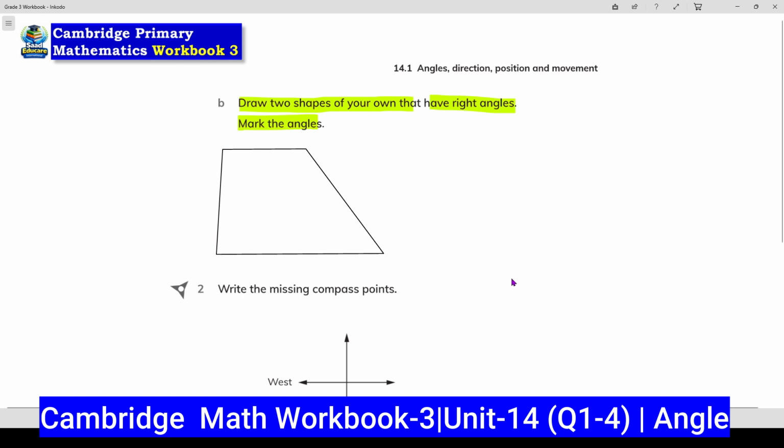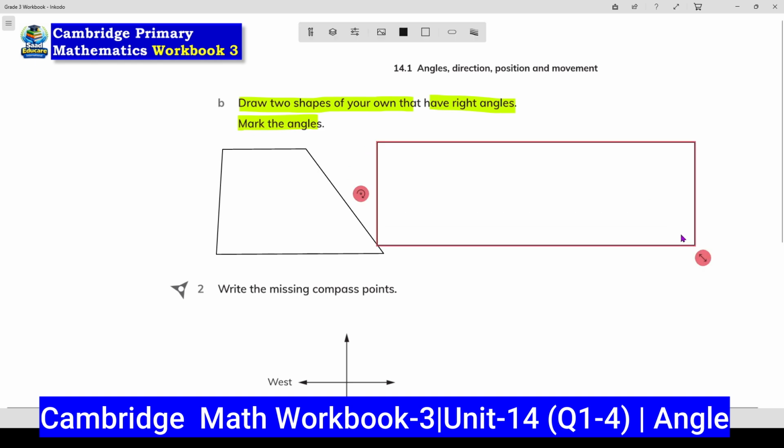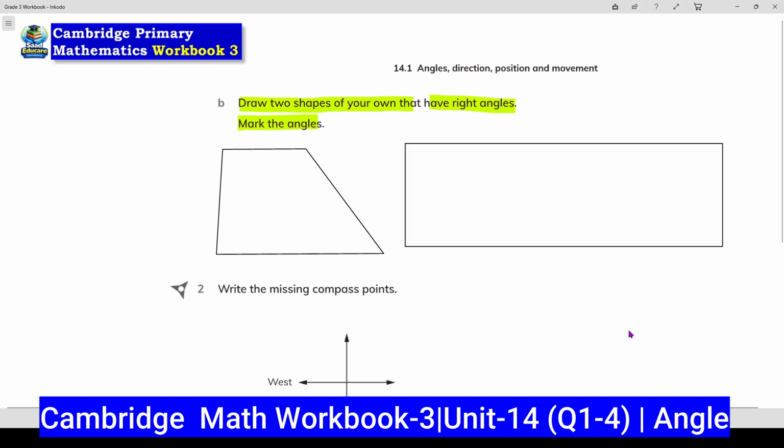Another one, we can take, suppose, a square or rectangle, anything. Now look, in the trapezium this one is a right angle, but in the rectangle all 4 corners are right angles, this one, this one, this one and this one. So number 1, A and B, done.